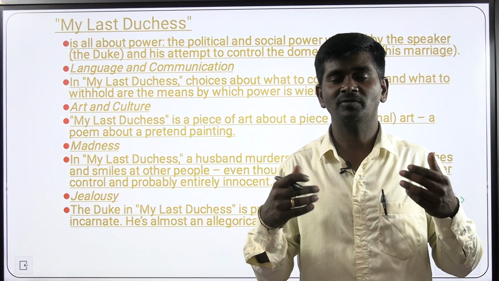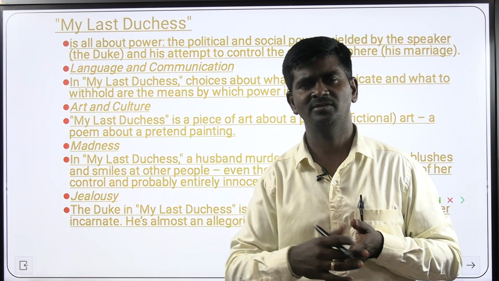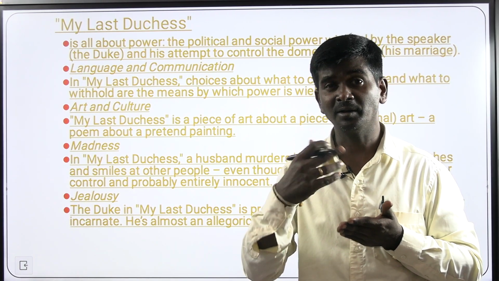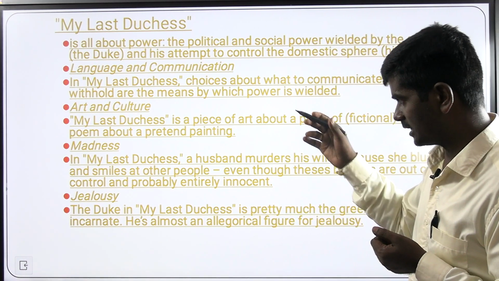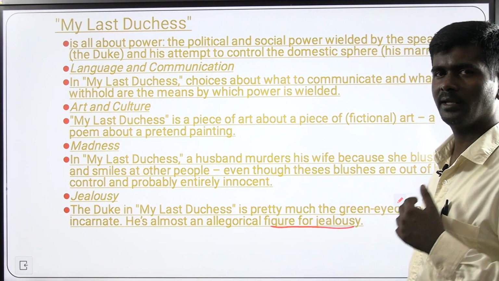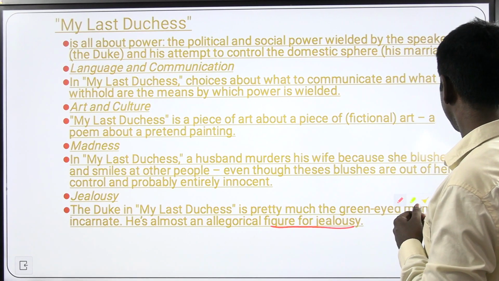Hence, out of jealousy, he kills her and becomes ready for another marriage. And what was the major reason behind getting remarried? Hence, he talks about that. Okay, that is the story of this poem. Out of jealousy, he kills her and plans on getting remarried.